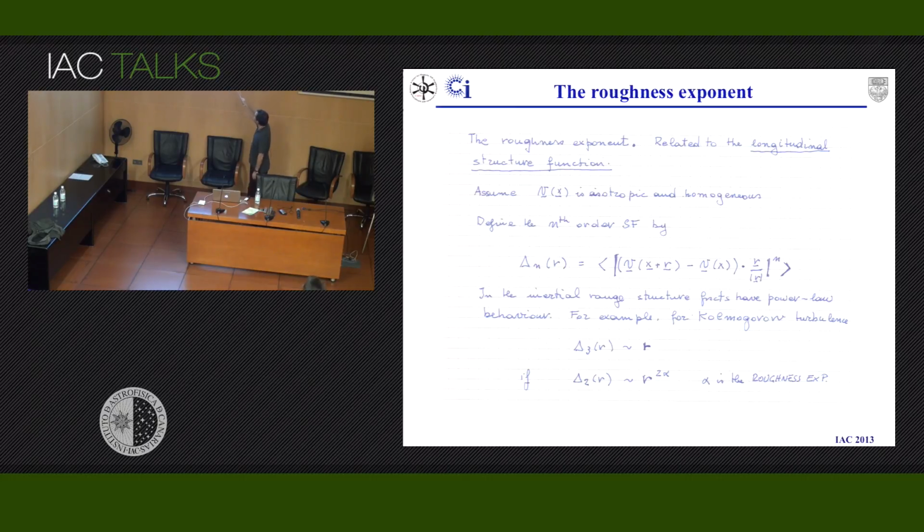If this thing to the power of 1 goes like r, I can divide by r, and as r goes to 0, that's just the derivative of v. It means I can use a Taylor expansion to find what it is. It's just the derivative times r. So if a function is differentiable, then its first order structure function is linear in this displacement, in r.